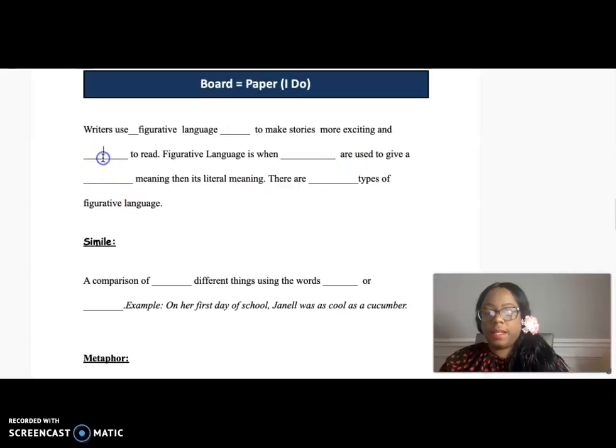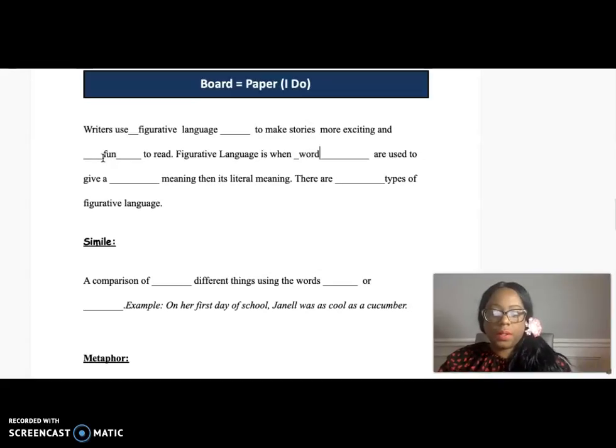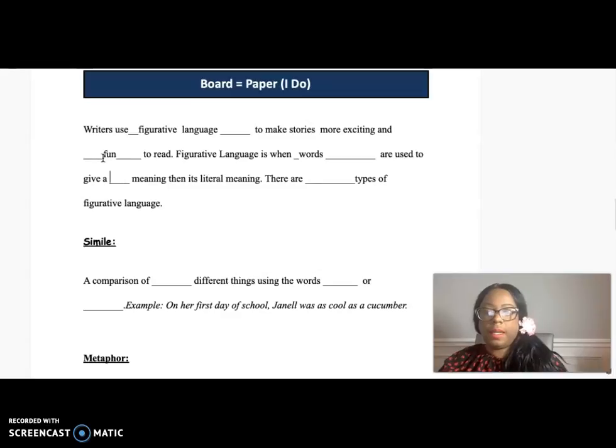So let me get that in there. Figurative language is when words are used to give a different meaning than its literal meaning.